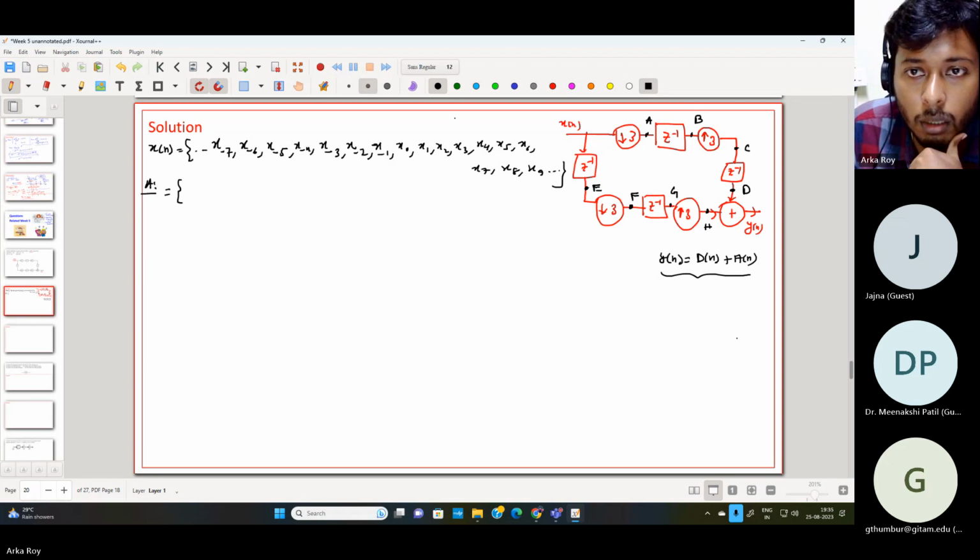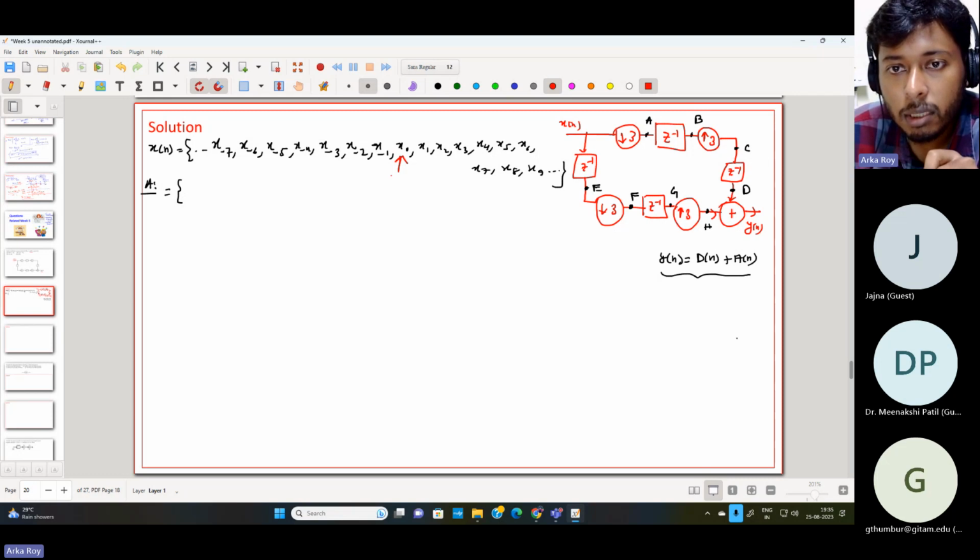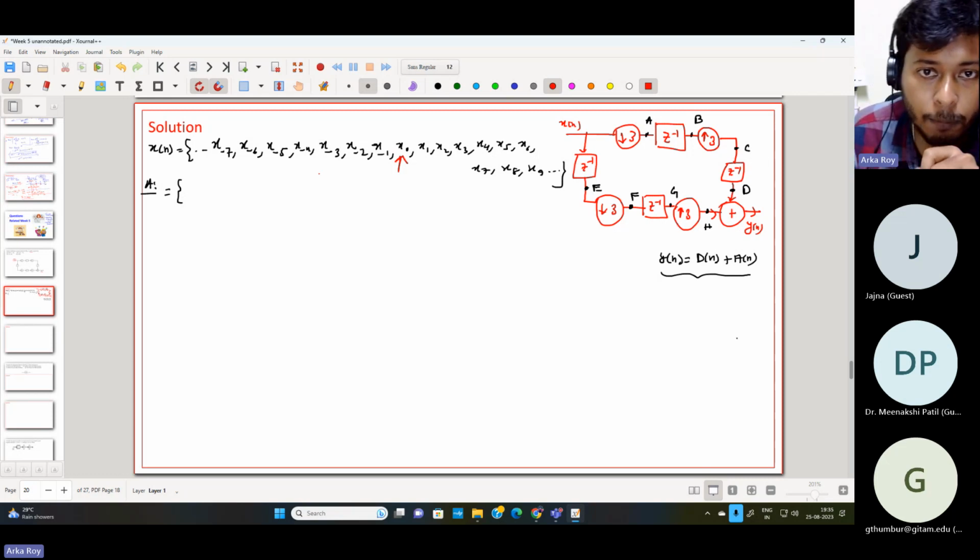So let's annotate the 0 index. I will indicate the 0 index with this red arrow over here. At this particular location, when I downsample the signal, I will get x0.